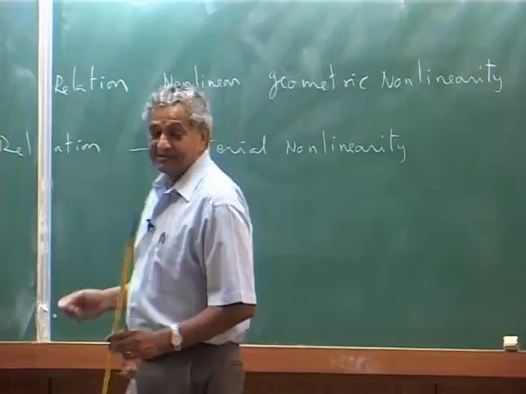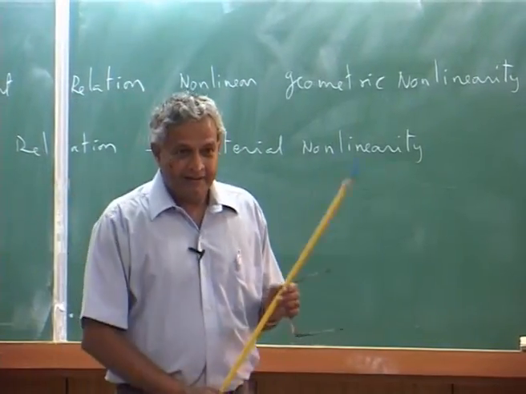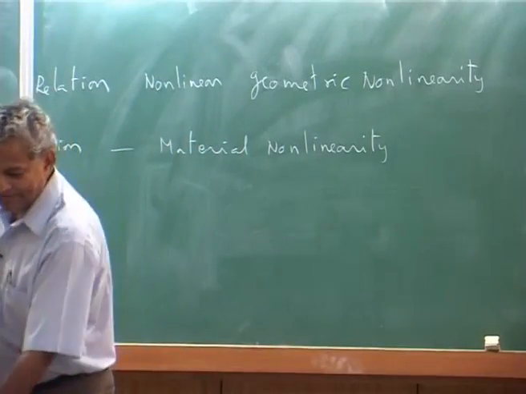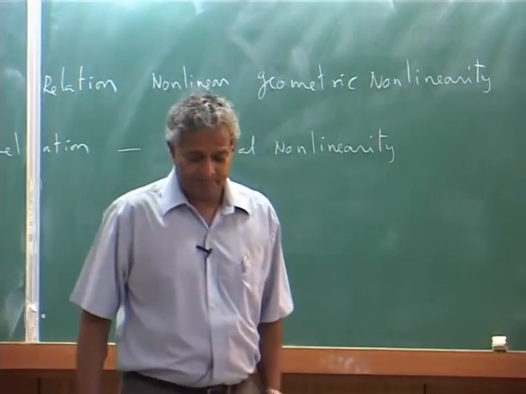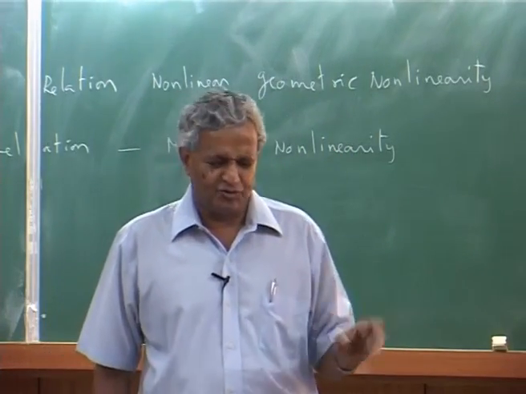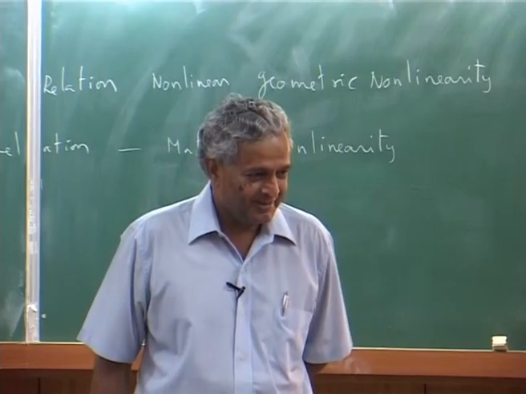These are the basic things, but we do not go to material nonlinearity. The key is whenever you design a blade, you make sure that the strains are small, actually infinitesimal strain.